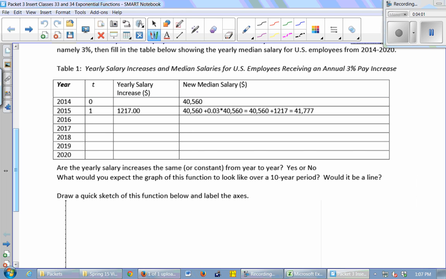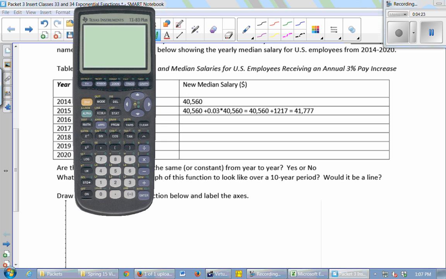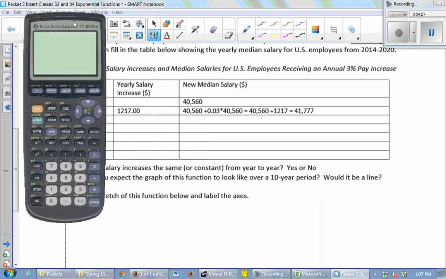Okay. So year 0 was 40,560. Year 1 is 41,777. And then we're just going to keep doing this each year until 2020. Okay, so in year 2, which is 2016, I have to figure out how much my increase is going to be. And my increase is 3% of what the salary was the previous year.